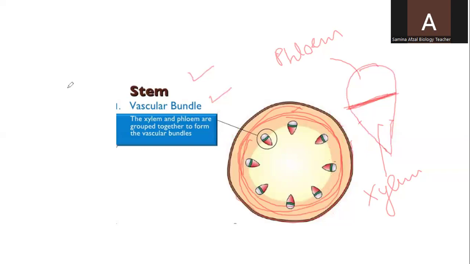Both of them are separated with the help of a layer of cambium. So the location of vascular bundles in the stem is that the phloem is towards the epidermis and xylem is towards the pith, which is the center of the stem. So they are separated with the help of a layer of cambium.